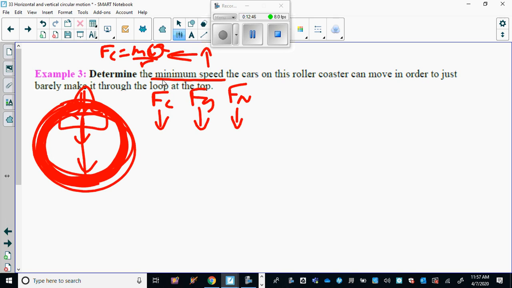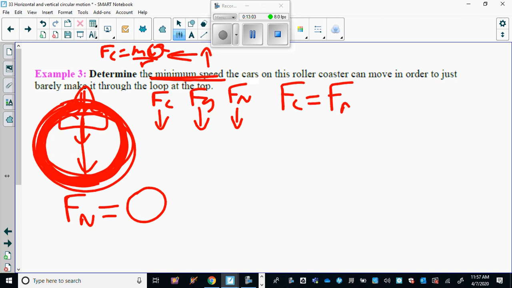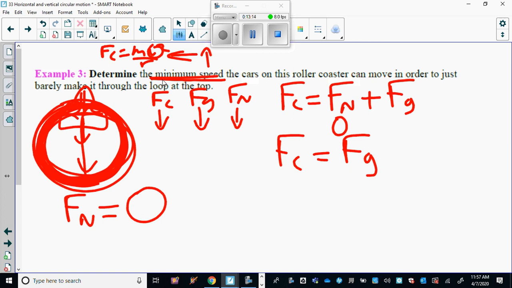And for the minimum speed, your FN becomes 0. So if your FN is 0, when I plug it into my equation here, I'm just left with this: the centripetal force equals the gravitational force.